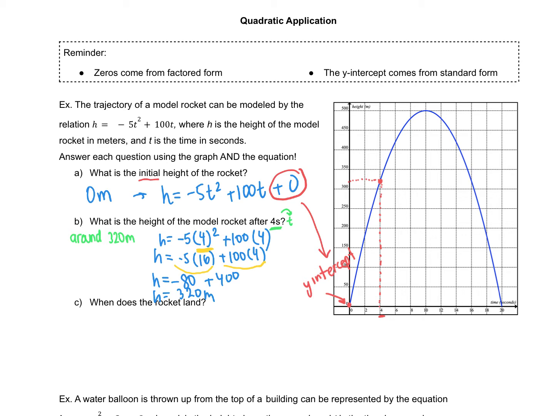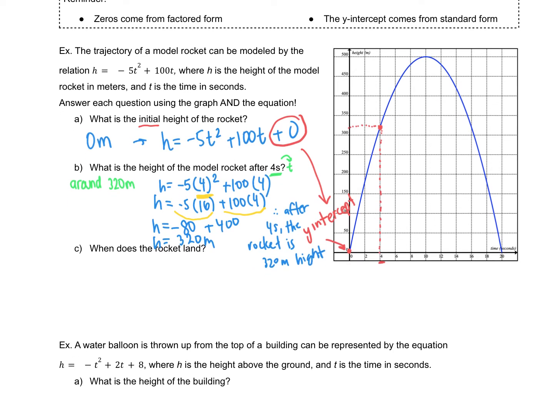So I will write a little therefore statement here. Therefore, after 4 seconds, the rocket is 320 meters high. So for this type of question where I give you the time, it's just a little bit of a substitution. And we've done this in the past.